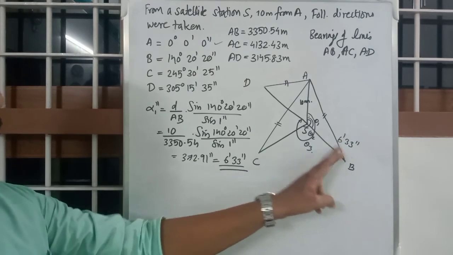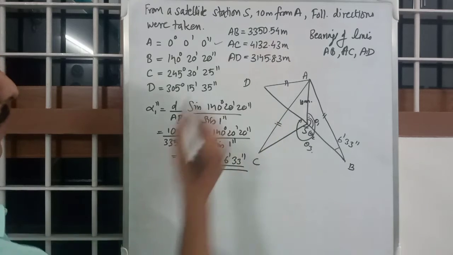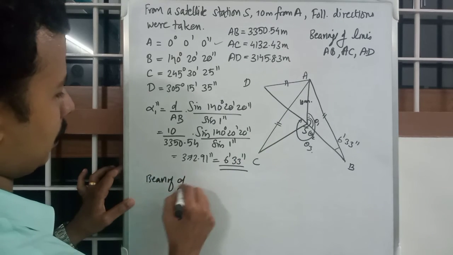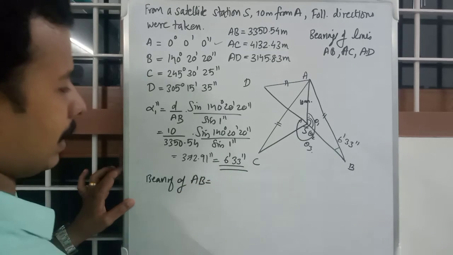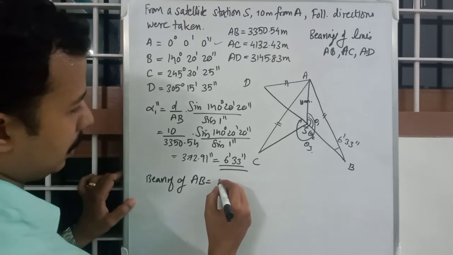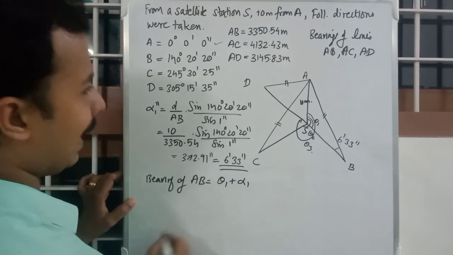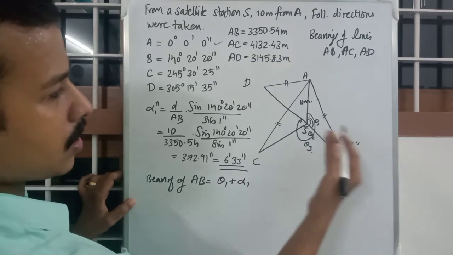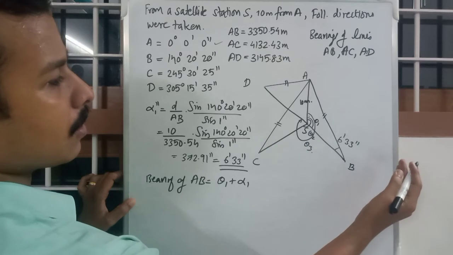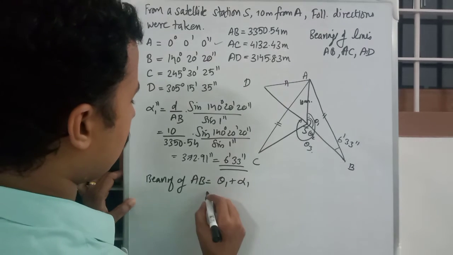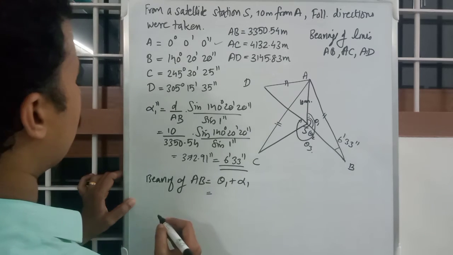From this value we will now calculate the first answer, the bearing of line AB. That is theta 1 plus alpha 1, plus because it is in the 1st and 2nd quadrants.